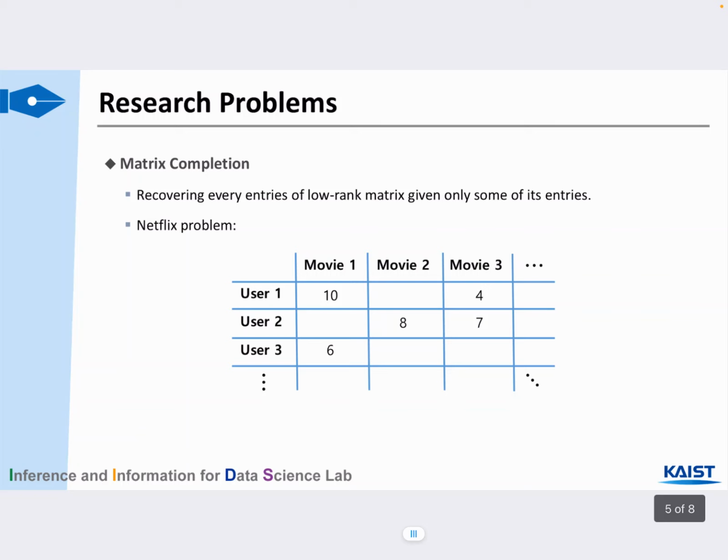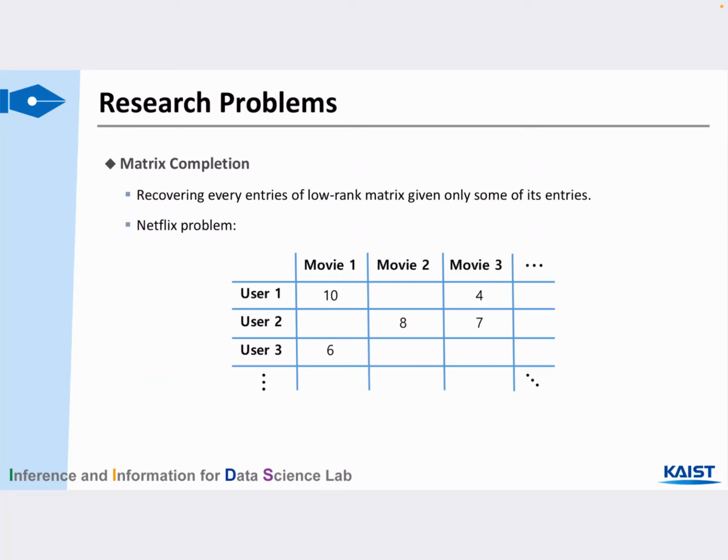The next problem is matrix completion. The goal of the matrix completion problem is to recover every entry of a low-rank matrix given only some of its entries. The most famous example is the Netflix problem. Suppose we make a table with users in each row and movies in each column. Each entry of the table is the rating that a user gives to a movie.